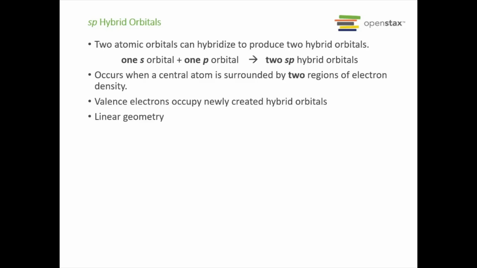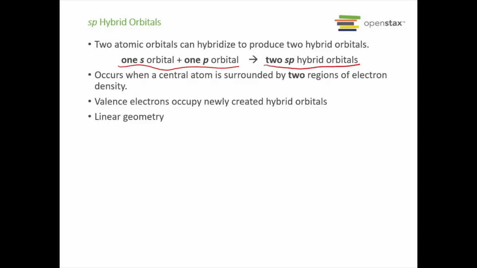So let's talk about the hybrid orbitals. The first type is the sp hybrid orbital. If you have two atomic orbitals, they can hybridize to form two hybrid orbitals. So you have one s orbital and one p orbital. These will hybridize to form two sp hybrid orbitals.